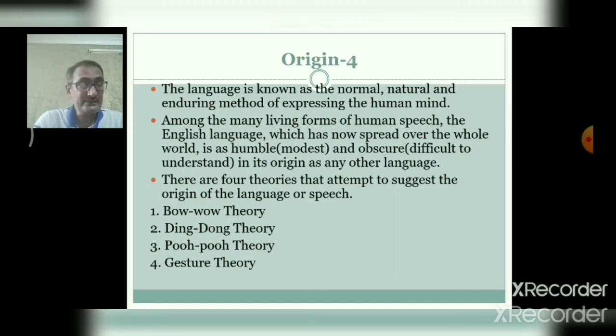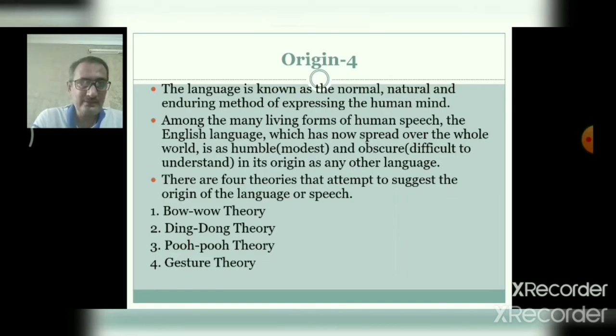The English language, which is now spread over the whole world, is called an international language. It is spread over almost the whole of the world. But this language is as humble, as modest and obscure, because it is obscure in its origin. Nobody can pinpoint where this language originated. It is difficult to understand logically the reason or the point of time of the origin of English language or any other language.